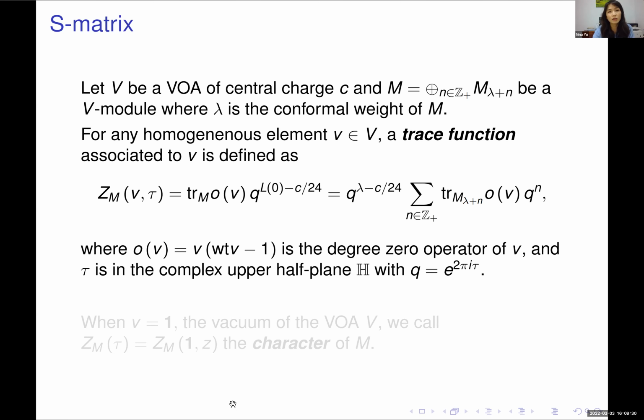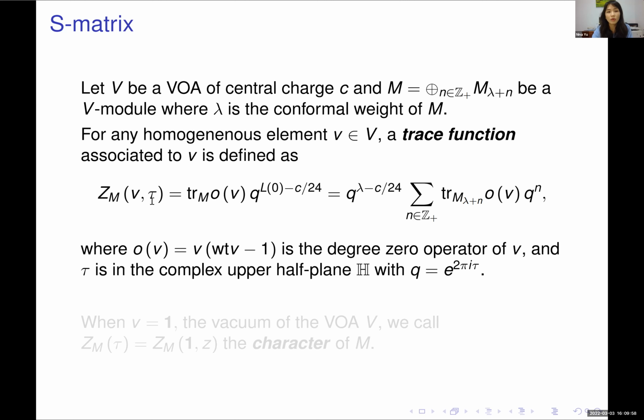Now let's look at the definition of the S matrix here. Later I will need to use some entries from the S matrix. So let's assume that V is a BOA of central charge C, and M is a V module with lambda as a conformal weight. For any homogeneous element v, one can define a trace function associated to v, and we denote this by G and v tau.